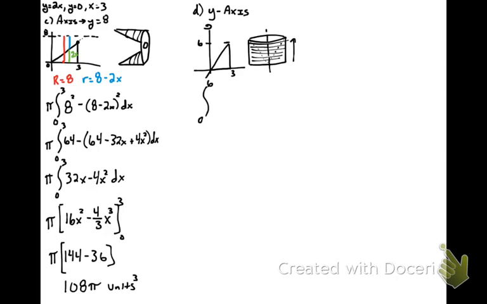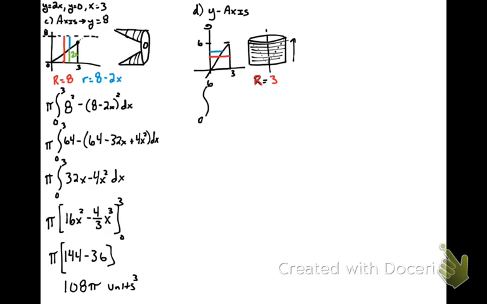So let's first consider what big R is. So big R, I'll do in red. It's the distance from my axis of rotation to the outer portion of my curve, and that must be 3. So big R is 3. Little r then, I'll do in blue, is the distance from my axis of rotation to this curve.